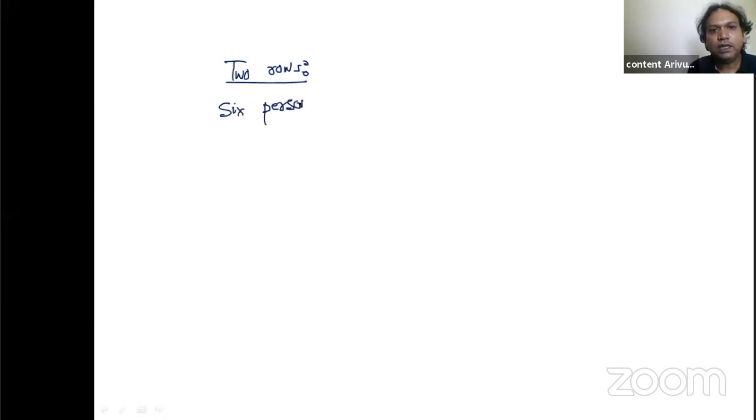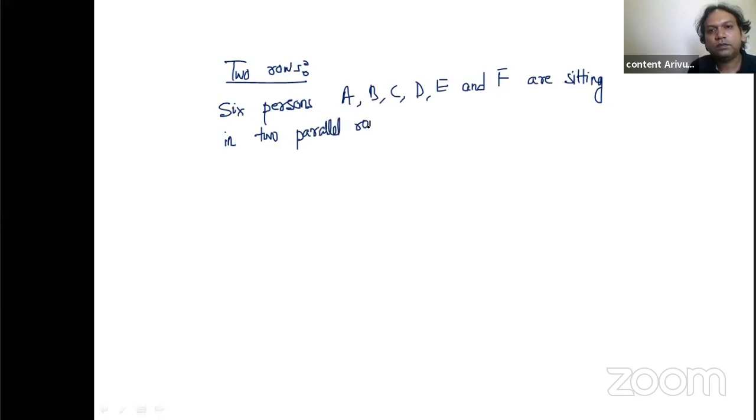How will the question start? 6 persons, A, B, C, D, E, and F are sitting in 2 parallel rows with 3 persons in each row.